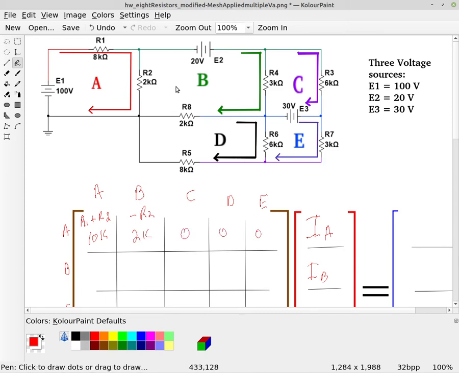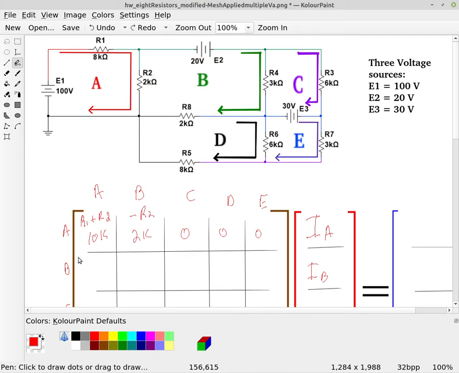Alright, so now you really want to work clockwise. Just always be consistent and work clockwise, or at least work in a consistent manner and keep track of where you're at. Okay, so I'm going to do B here, and so we need to look at all the resistors in loop B.